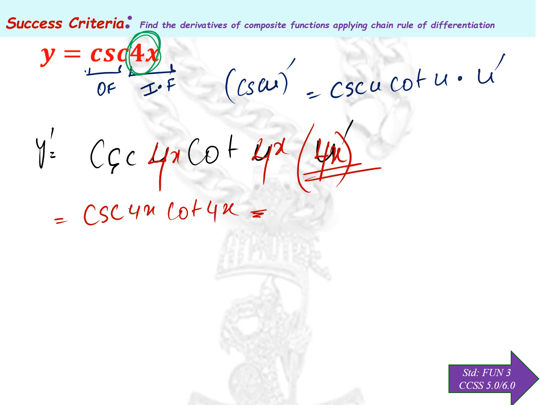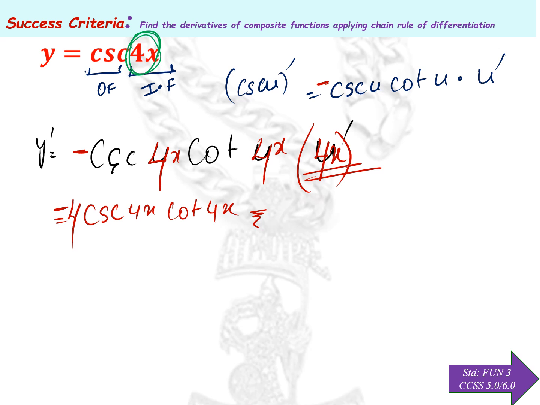So rather than writing it here, I can write it in the beginning. Sorry, there is a negative here. The formula of the cosecant derivative is negative cosecant u cot u u prime. So this is my mistake, which I found out, and I wrote the minus before it.